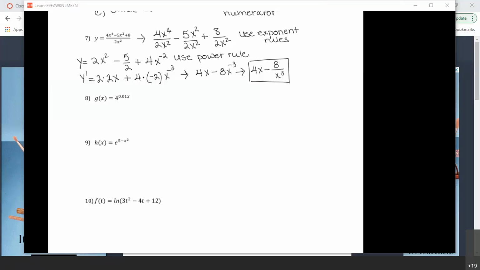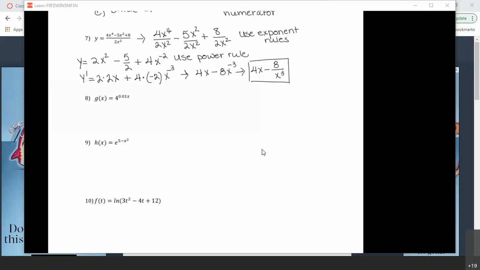Is it just x? What about the exponent? Yeah, it's a linear expression in x.